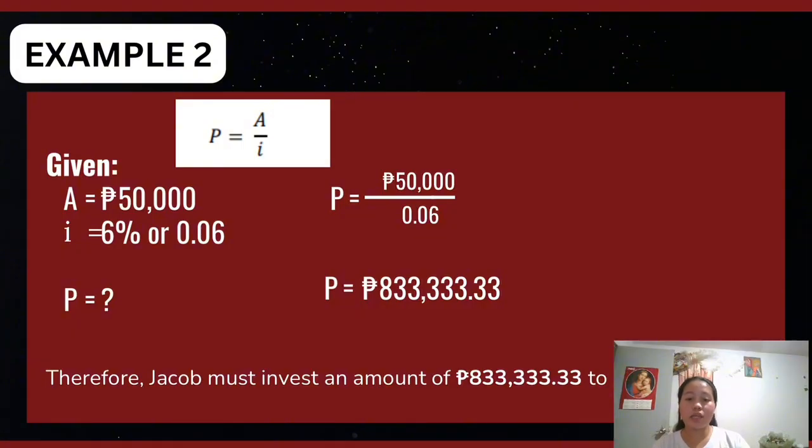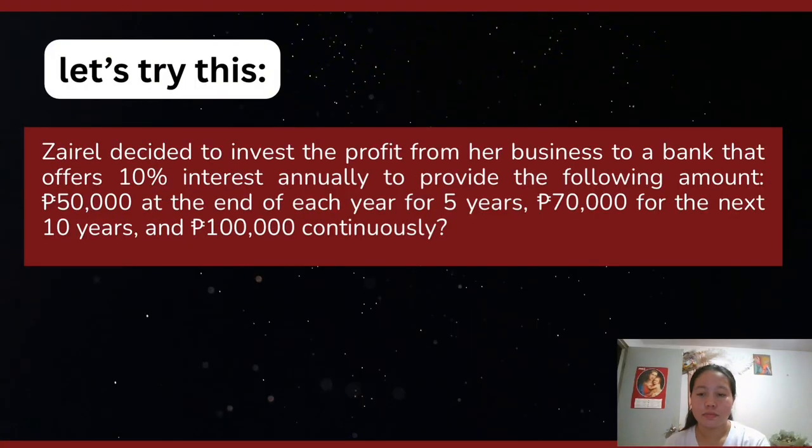So Jacob needs to invest 833,333 pesos and 33 cents today. So this amount with a 6% annual interest rate will generate 50,000 pesos each year, indefinitely, covering his goal. So this is the amount that Jacob must invest today.